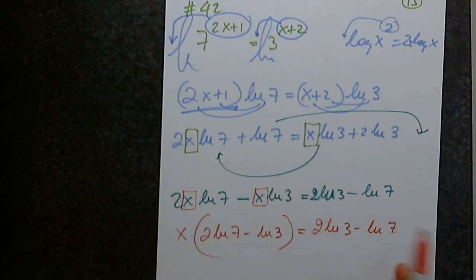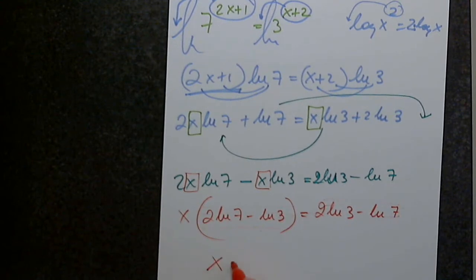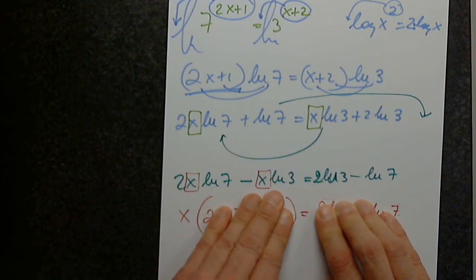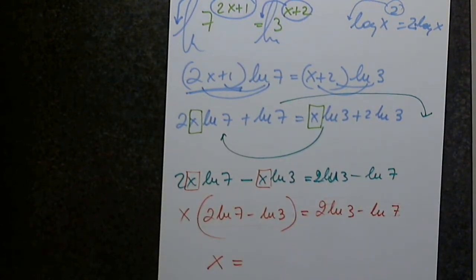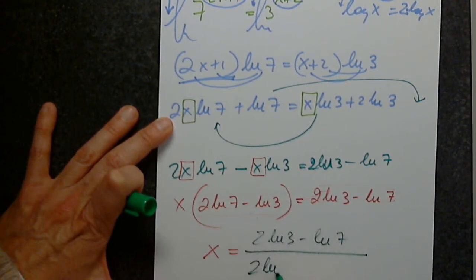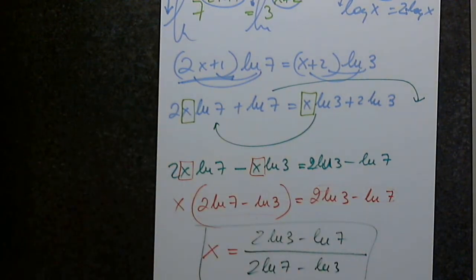This is a number. How much is x? Imagine that I have here 10 and I have here 5. How do I solve for x? Divide it, this by this, of course, and that's it. But you cannot simplify anything. This is it. It looks sophisticated and difficult, but because of those natural logs.